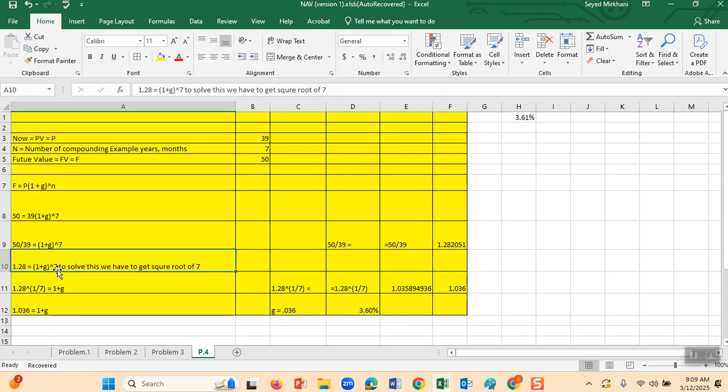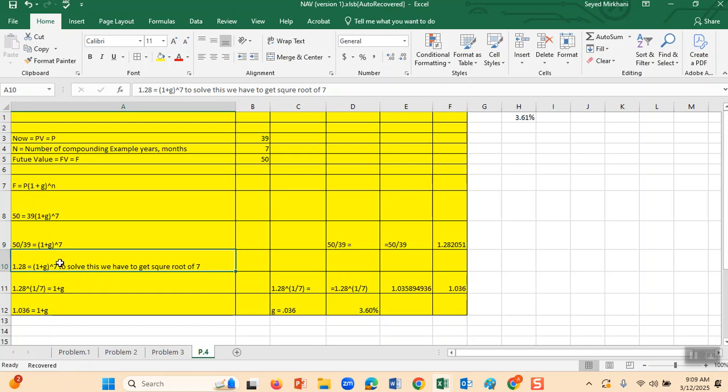How can I resolve this power? If I multiply each side of these two equations by 1 over 7, do you see here I have 7? 7 times 1 over 7 is 1. That means it will cancel out.